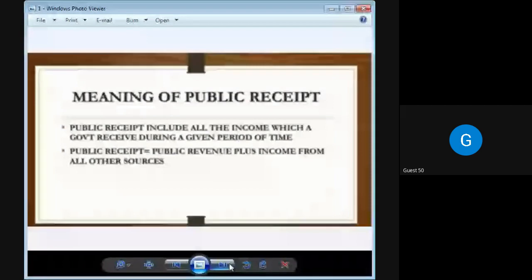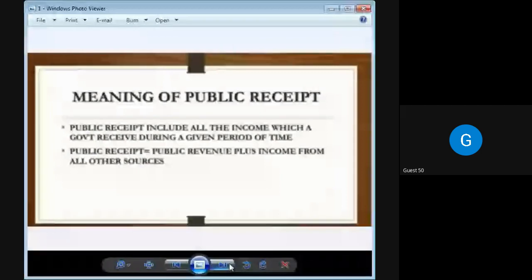And how are public receipts calculated? Public revenue plus income from all other sources. Whatever the public revenue of a government, it is added to the income from all other sources, and then we get the public receipt.